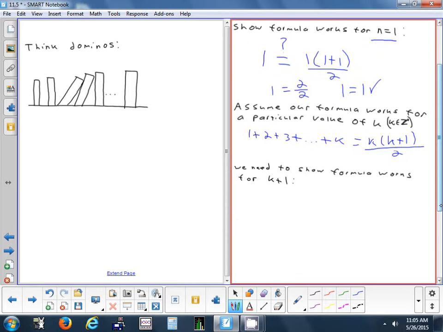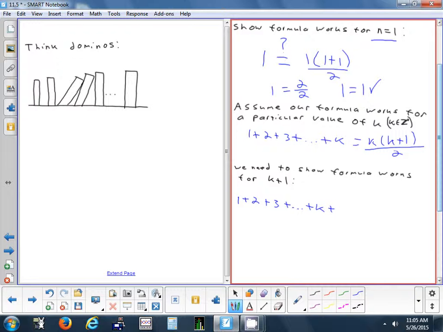Here's the induction part. We want to show that instead of just adding the numbers up to k, let's add the next one in and prove that the formula still works if you go to the one after. Okay? So we have 1 plus 2 plus 3 plus all the way to k plus, what's the term that comes after k?